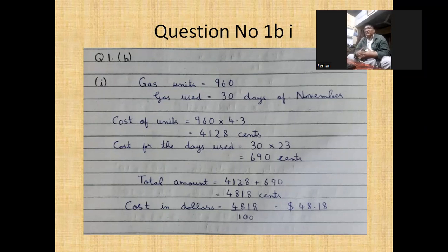So the total amount will be the fixed cost for each day plus the cost of the units. So 4128 plus 690, and that will be 4818 cents. To get the cost in dollars, you divide the cents by 100, and that will be converted into dollars. So 4818 divided by 100 is $48.18. So this will be the bill for her gas.